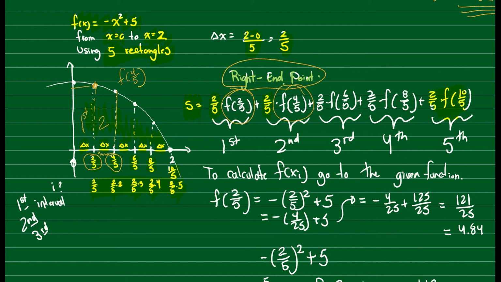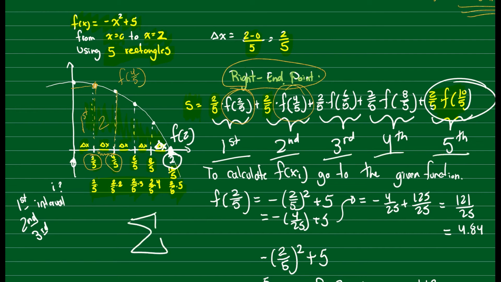Again, the base does not change. It's delta x. Well, the height changes, and we're using the right endpoint, and it's going to be this value, which is f of 2. It's right here. We have the first rectangle, the second, the third, the fourth, and the fifth. If we go ahead and add them, right, this is our notation for summation. If we add them all, we get a value of, I don't know yet.